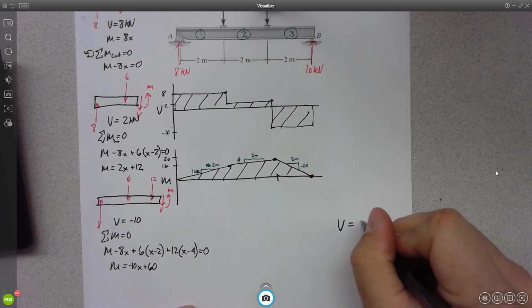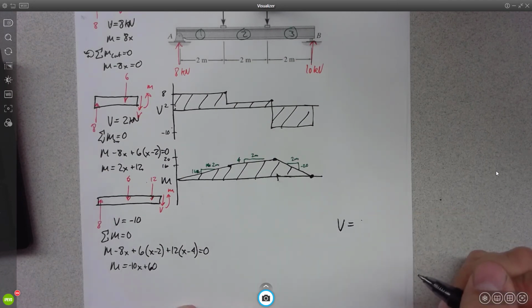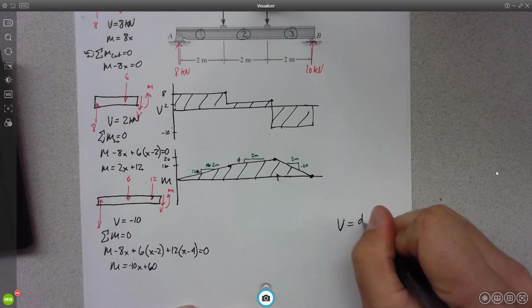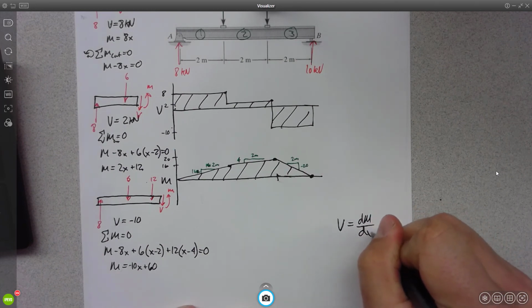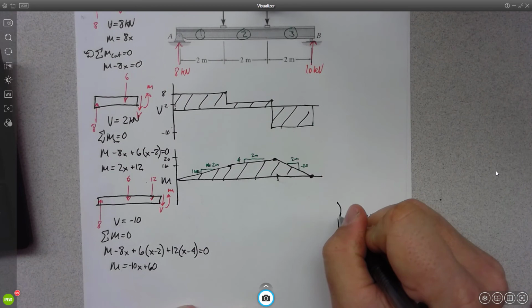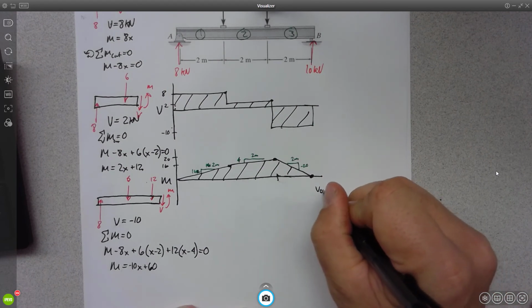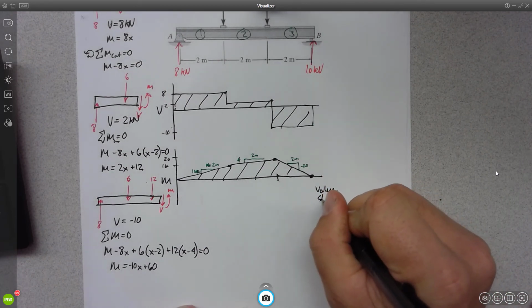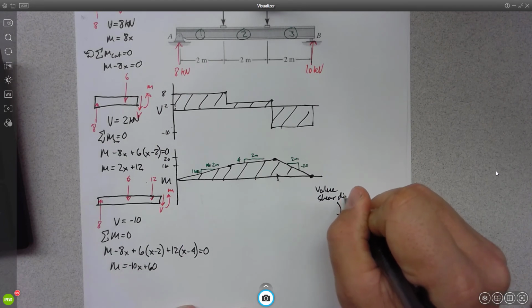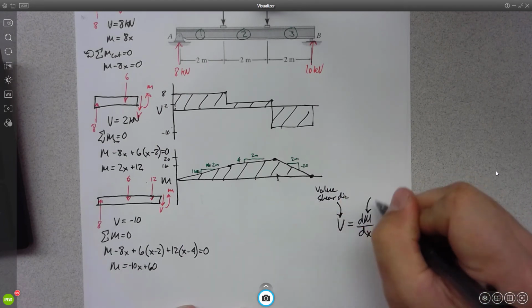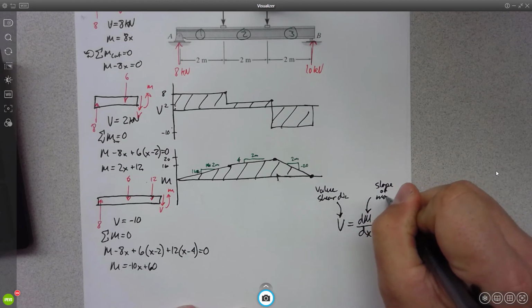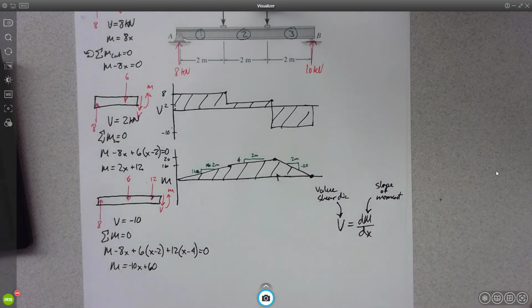The slope of what? Of the moment diagram. Okay, so this is value of shear gives us slope of moment. Okay.